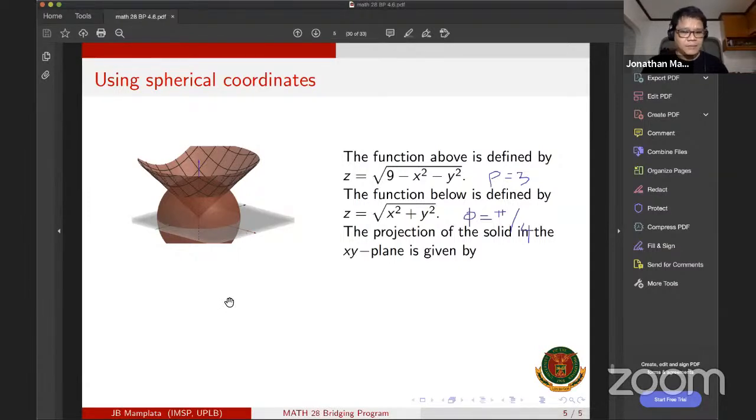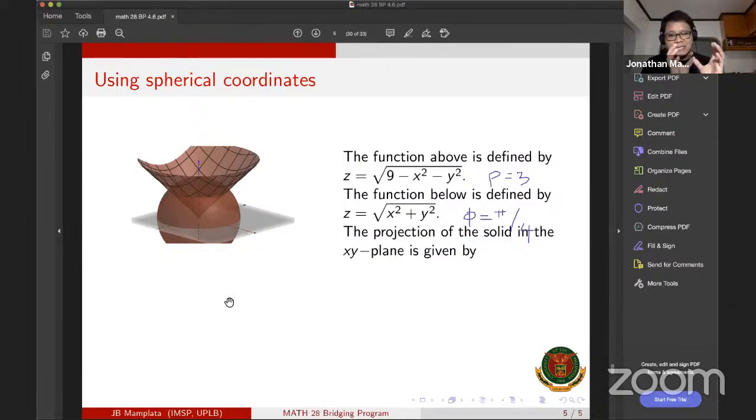Okay. Now, dun sa integral natin in spherical coordinates, di ba meron tayong dv. Ang dv natin is merong d rho, d theta, d phi. Meron pa tayong multiplier doon. Huwag kakalimutan, ang multiplier natin doon ay rho squared sine phi. Okay? Meron tayong rho squared sine phi.